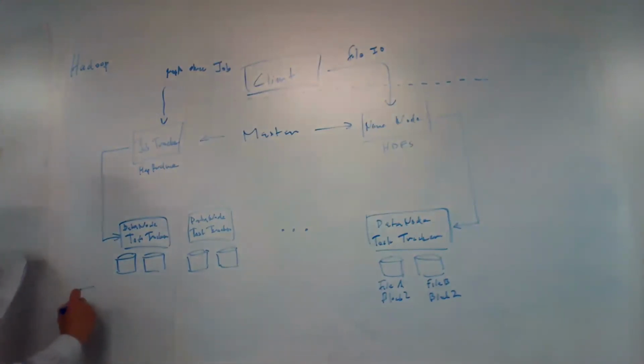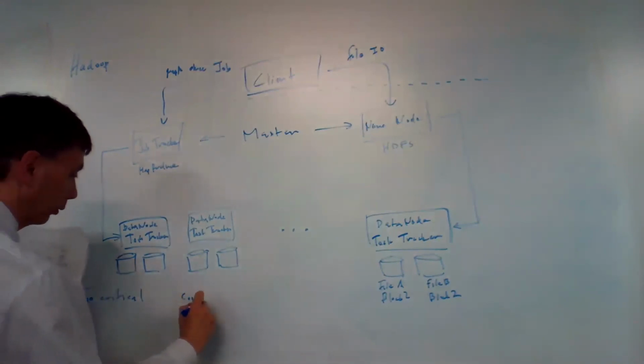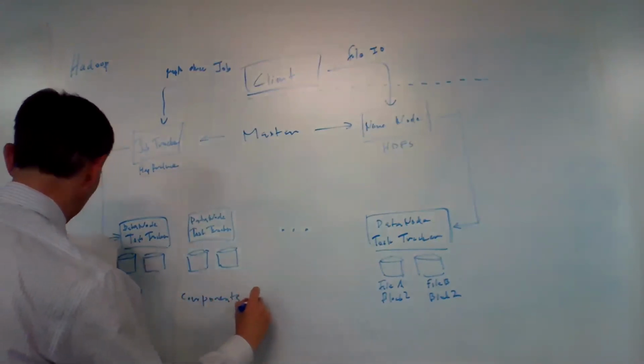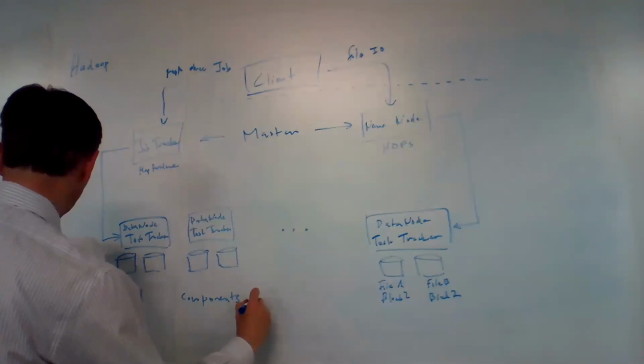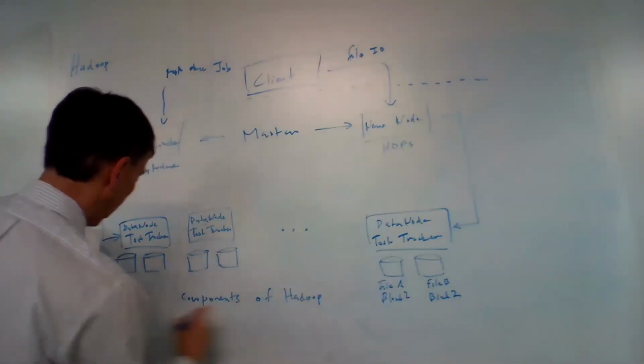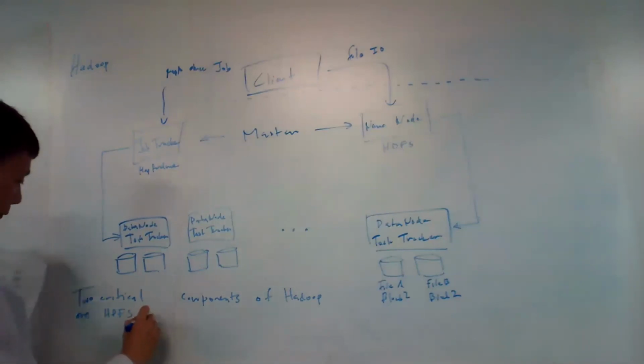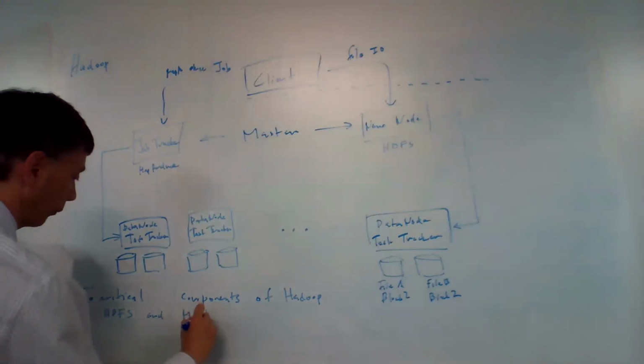So two critical components of Hadoop are HDFS, which is a Hadoop distributed file system, and the MapReduce algorithm.